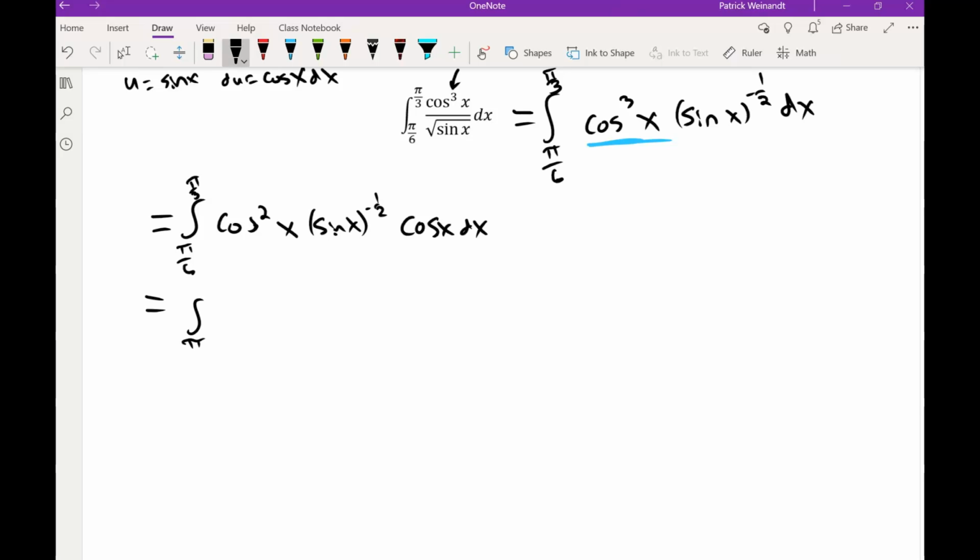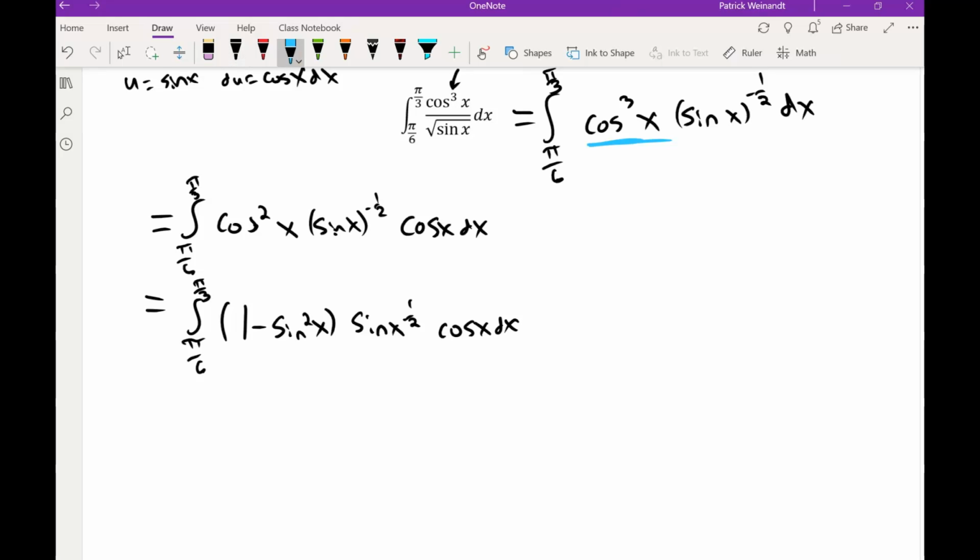This is going to be pi over 6 to pi over 3. And we know that cosine squared of x, we use a Pythagorean identity, is going to equal 1 minus sine squared of x, times sine of x to the negative 1/2 times cosine of x dx.